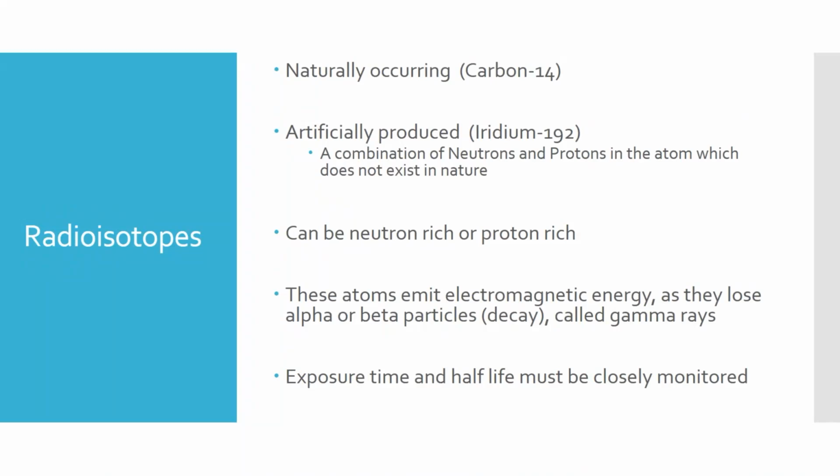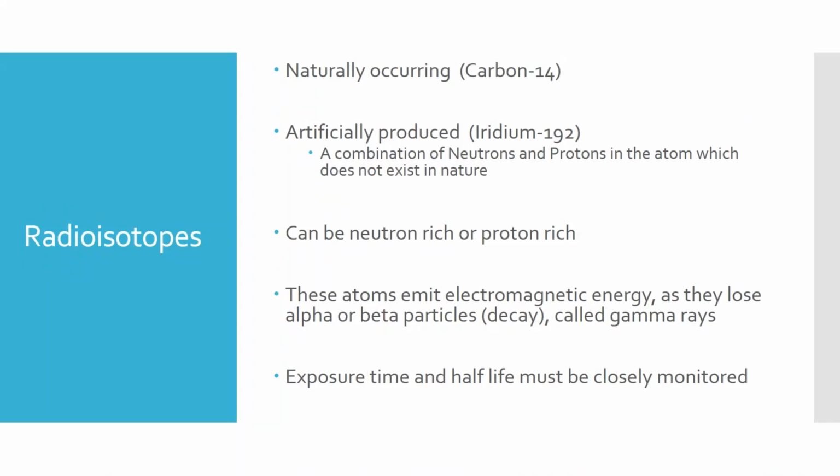Alpha particles, being the largest, can be stopped by things as thin as a sheet of paper. Beta particles, a little bit more, but still not going to penetrate things like metal. That's where we need that high energy gamma radiation to penetrate metals, thicker materials, and stuff like that.